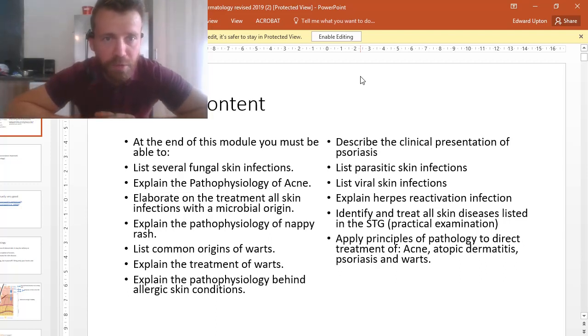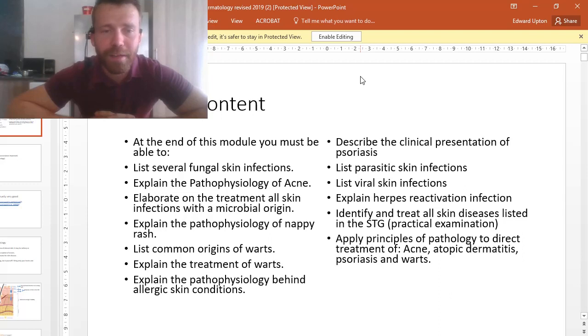You must be able to, okay, so all of your outcomes are listed here. Not all of your outcomes, but a bunch of your outcomes are listed here. List fungal skin diseases, list several different kinds of fungal skin diseases, explain the pathophysiology of acne, elaborate on the treatment of all skin infections with a microbial origin.